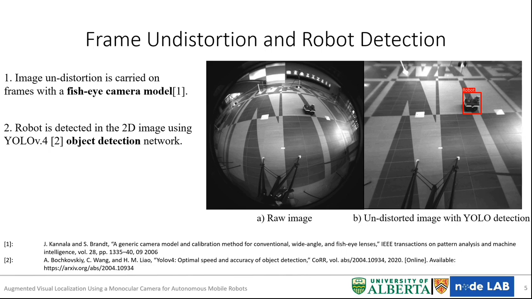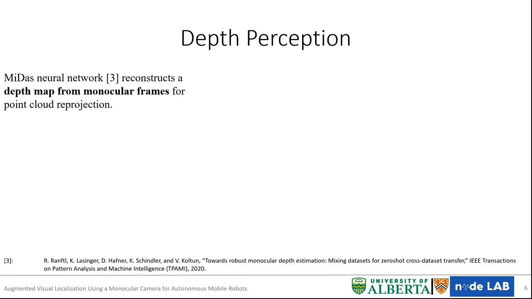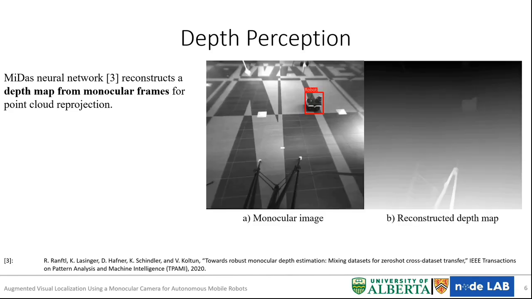But moving from a 2D image plane to 3D requires one more dimension, which in our case is depth. So to recover or reconstruct the depth map of the field of view of the camera or the frames, we are using a machine learning algorithm called MiDaS that gives us the estimate of the depth map of each of our frames.